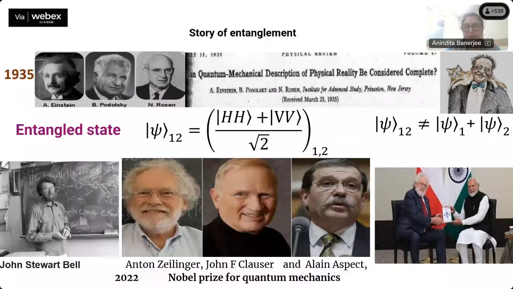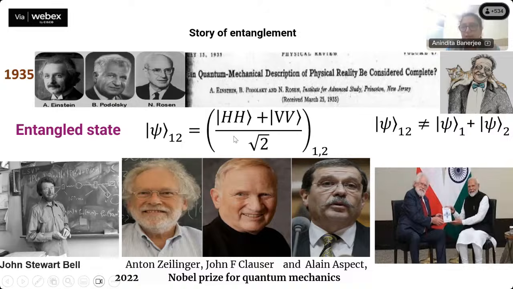So if on the first measurement I find that I have got an H state, then the other particle, which is in the other galaxy, instantaneously, I should not be using the word instantaneously, I should rather say simultaneously, will be H. But if on another measurement I get a V, then the other state in the other galaxy will also be a V, and that will happen simultaneously.